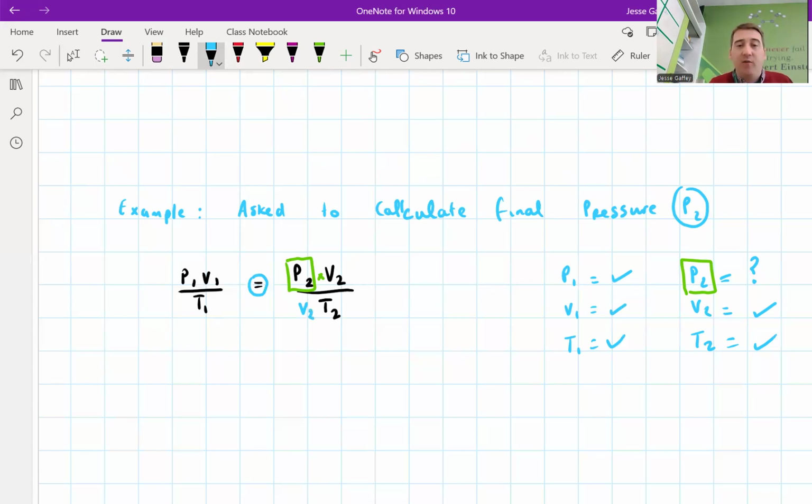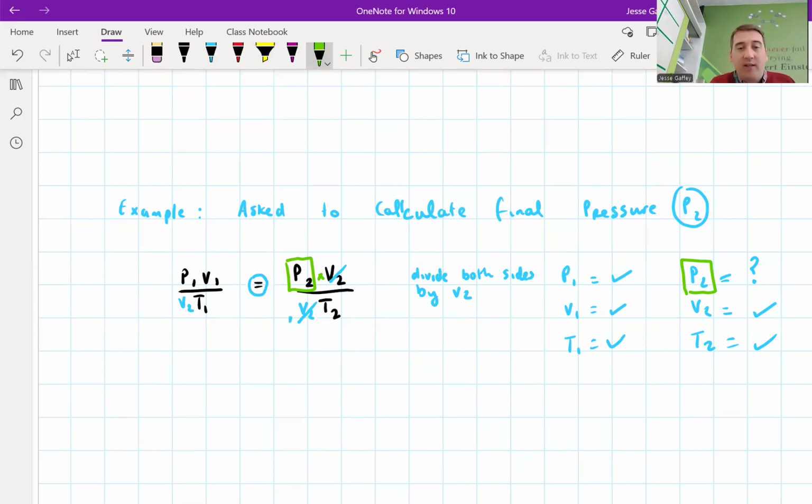If we put V2 in the denominator, V2 divided by itself always reduces to 1. However, you must divide both sides by V2. So I must put it in the denominator on the right and the left-hand side. I can cancel it or reduce it to 1 on the right side because it's V2 on the top and V2 on the bottom.